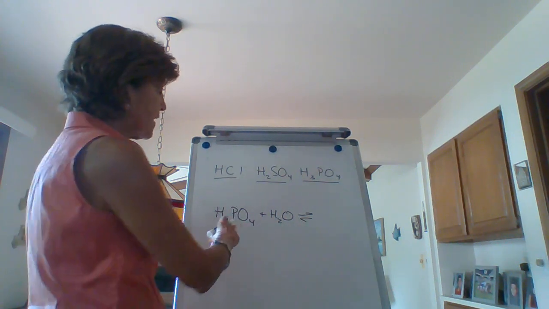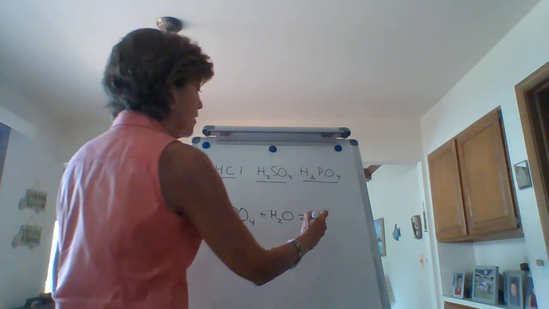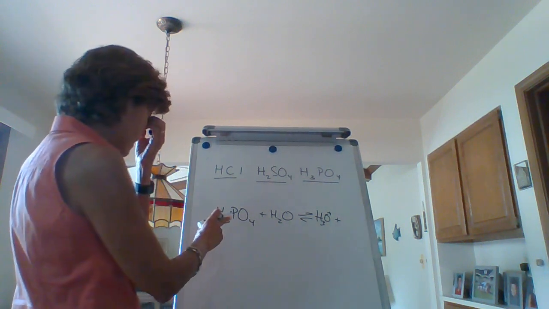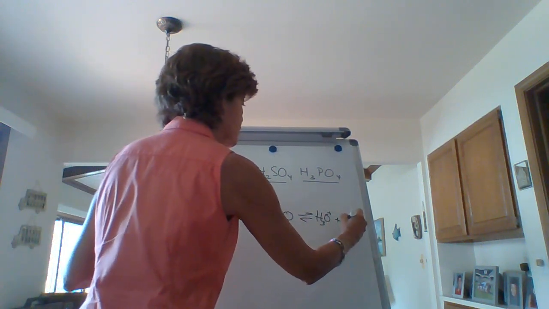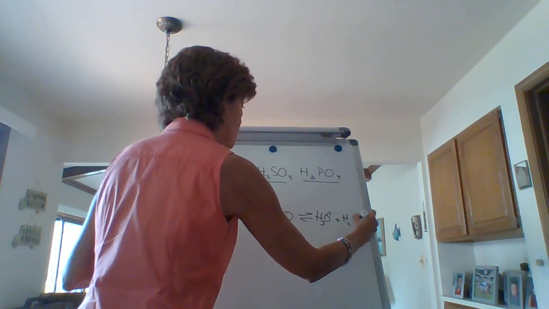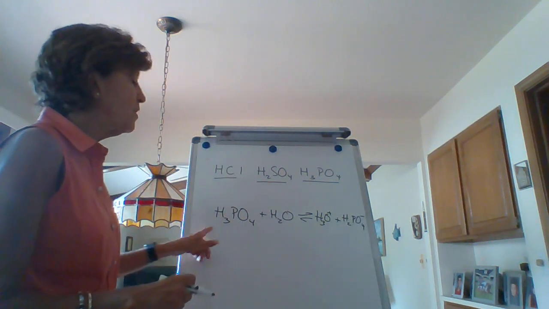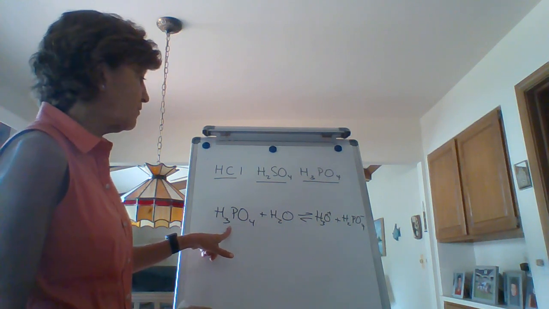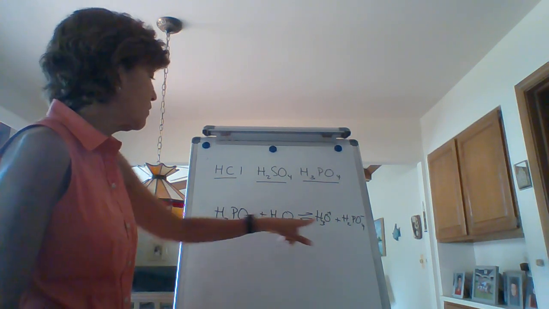But phosphoric acid donates 1 proton to water. Water becomes the hydronium ion. And then what's left over? H2PO4 minus 1. Remember, the conjugate base always has 1 more negative than the original acid. Okay? And 1 less hydrogen.